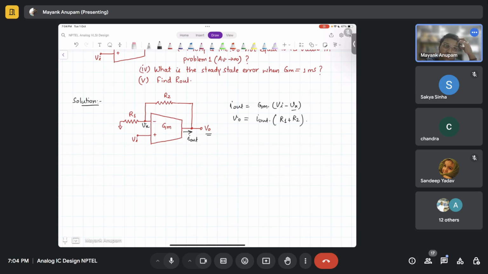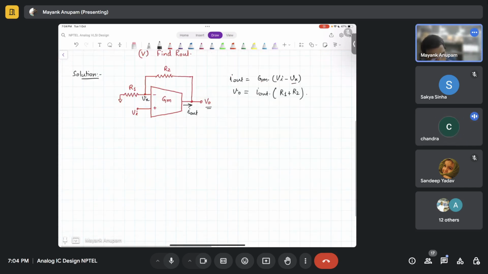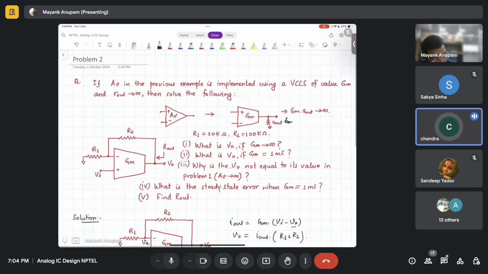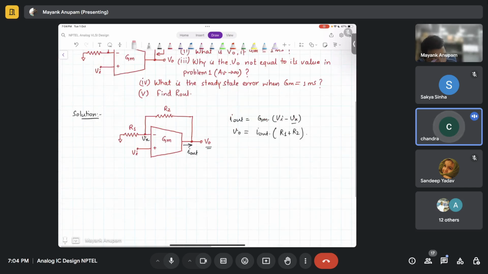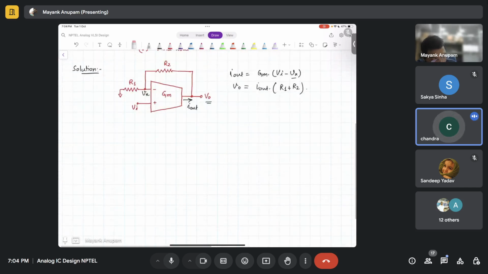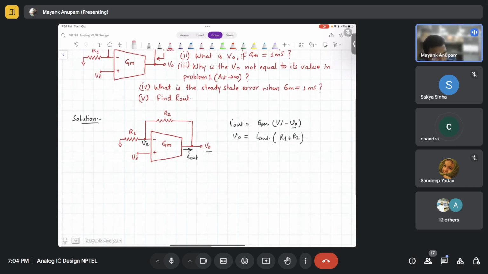Is this correct? There's an R out also, right? The current should be split between R2, R out and R1. R out was there in the previous diagram. So I assume that R out is infinity, right? I have also written it here. There's a difference between GM times R out tending to infinity and R out alone tending to infinity. I'll come to that point.